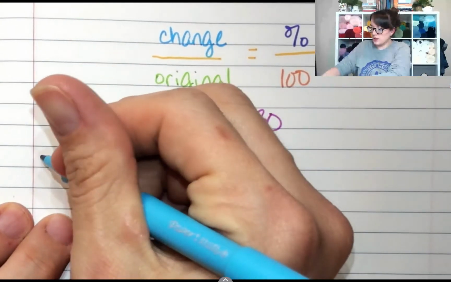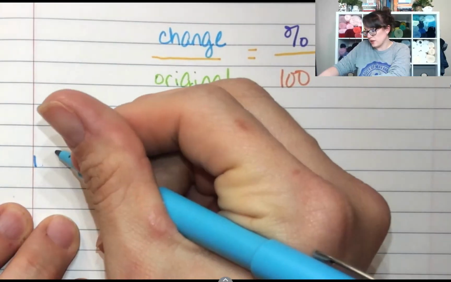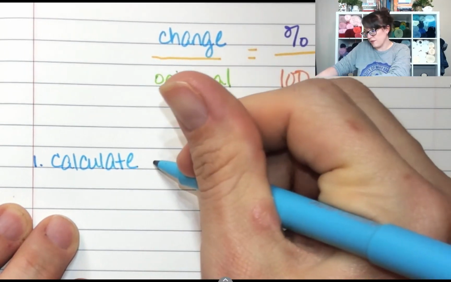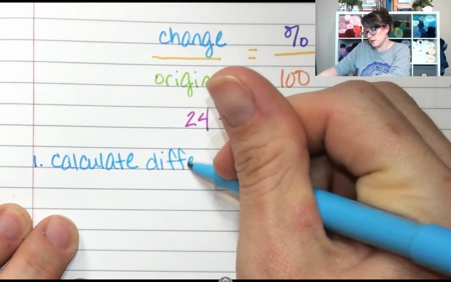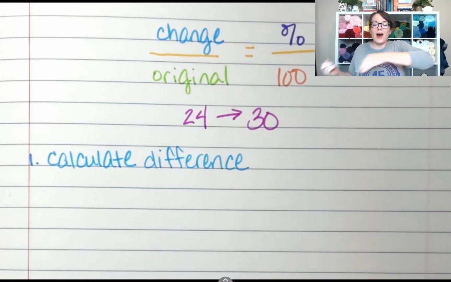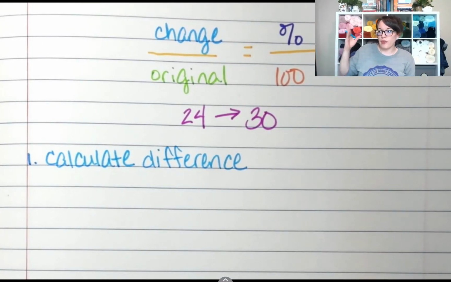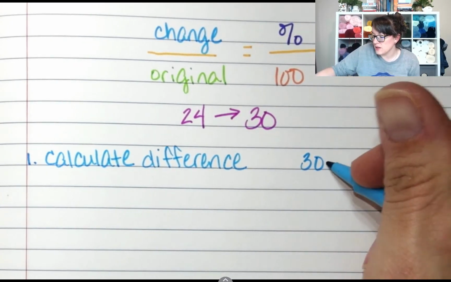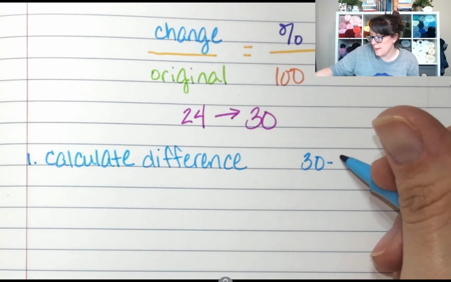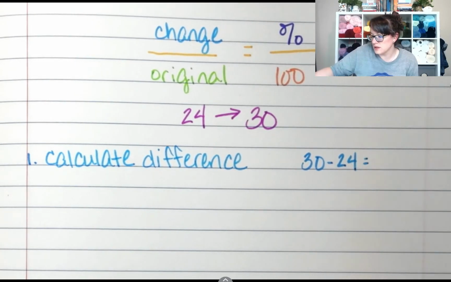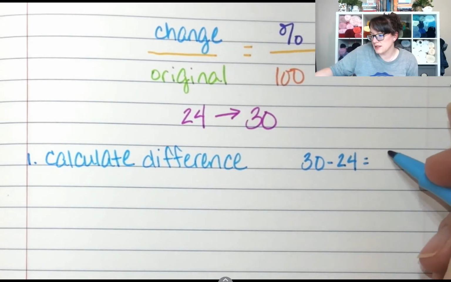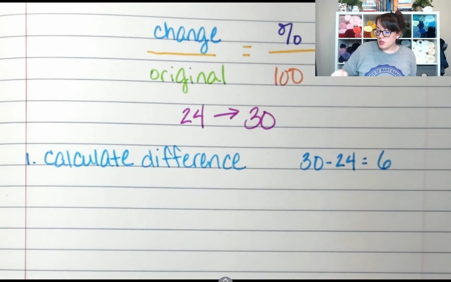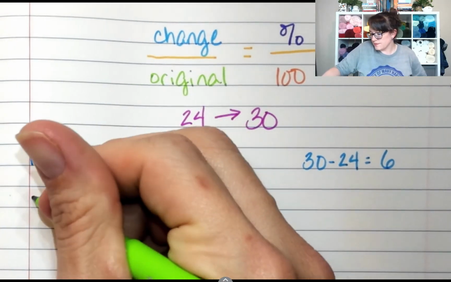Step one is to calculate the difference by subtracting. How much did it change from 24 to 30? We just subtract the big minus little, and that's 6. Easy. Step two: what's the original?